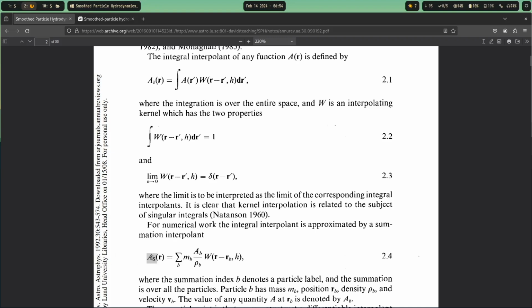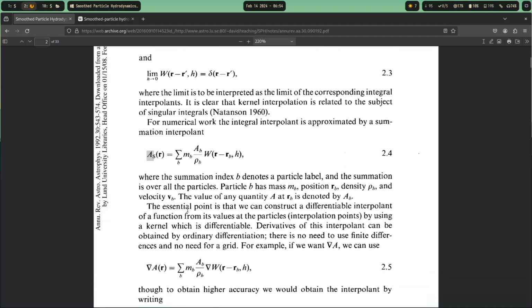And for example, we will need to calculate the density. So let's imagine that A is anything, but for us it could be the density, right? And how it works, we need to do a for loop over all the other particles and compute this thing for each particle, right? So this is the mass, this is the property that we want to calculate, but it's on the other particle.